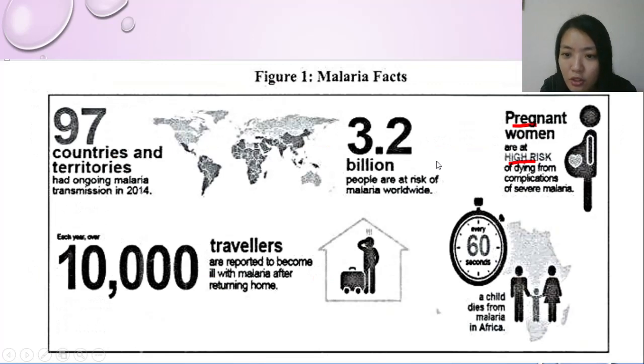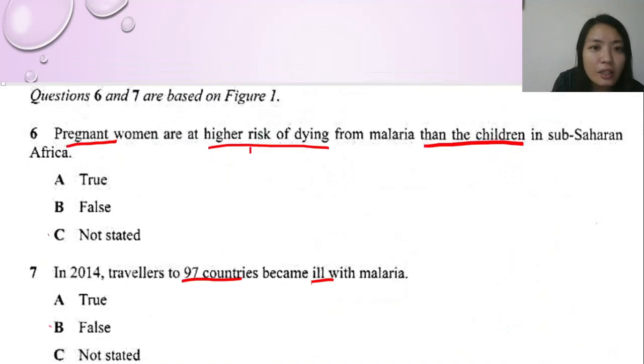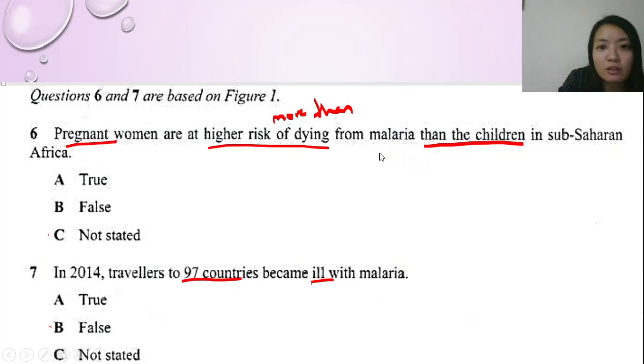Let's look again. Children from sub-Saharan. Okay, so must be this part here of the text, also Africa, although it doesn't say sub-Saharan. Does it say that they are at a higher risk? See, the question says higher risk. Higher, that means more than the children in Africa.